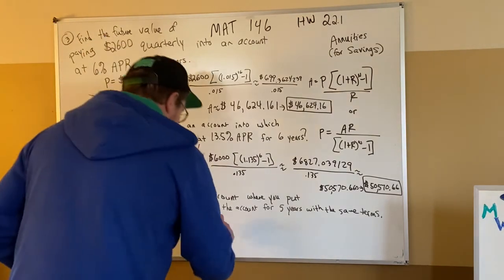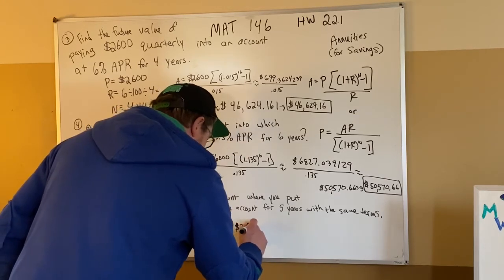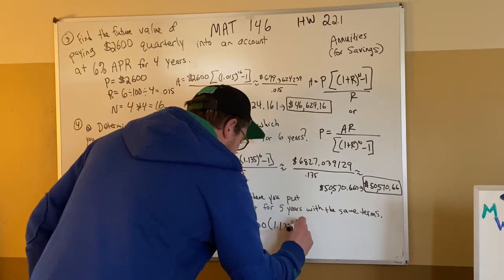And so we get our account balance in this case is 30,000 times 1.135 raised to the power 5.